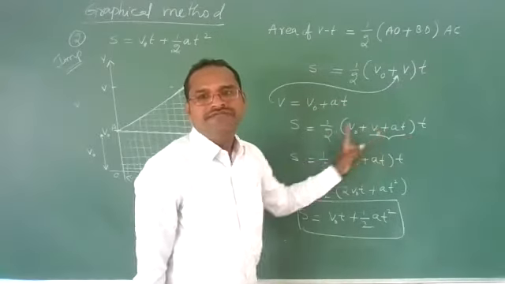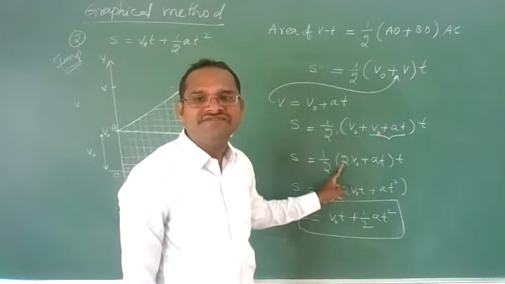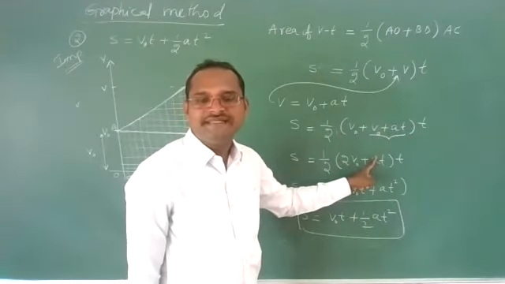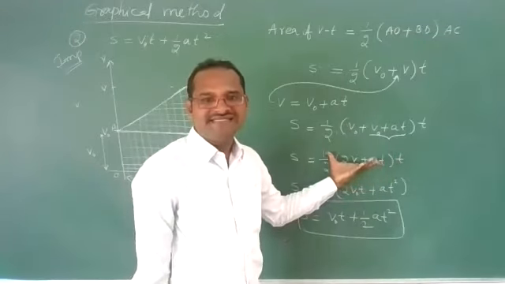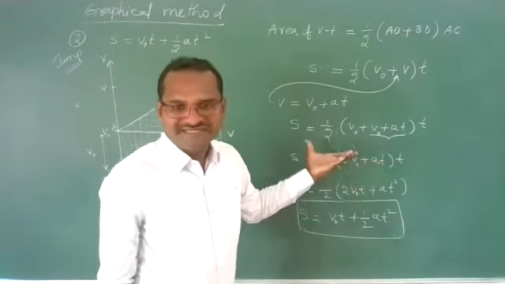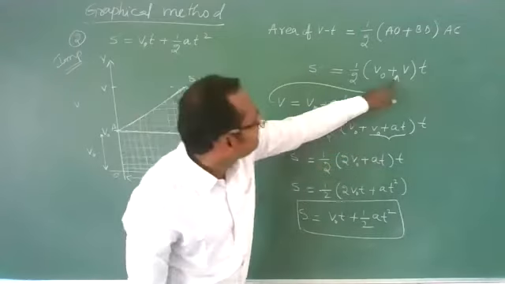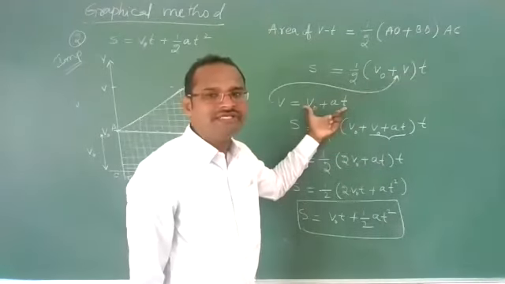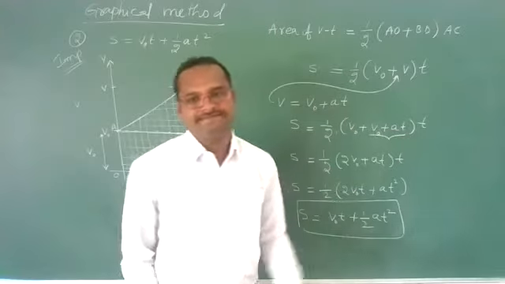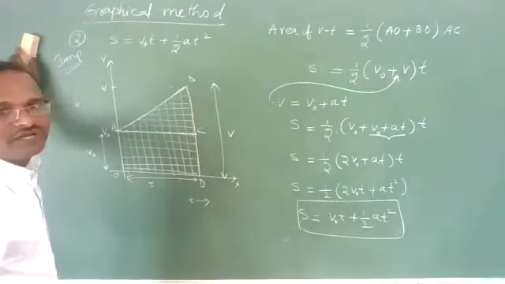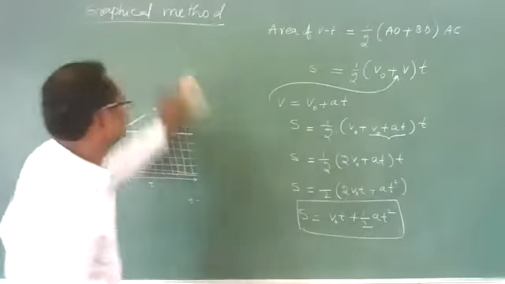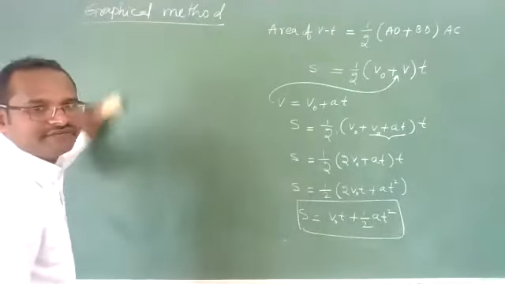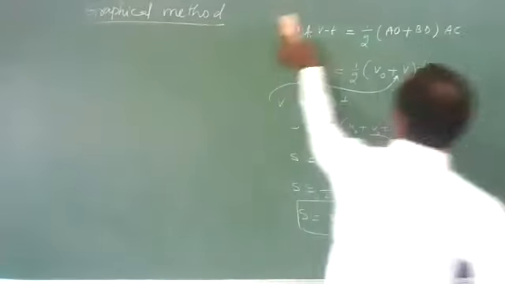Substitute: V naught plus V naught is 2 times V naught plus AT, into T. Everything is as it is, nothing is new here. Just in the place of V, I am substituting V naught plus AT. This is the second equation we have derived.